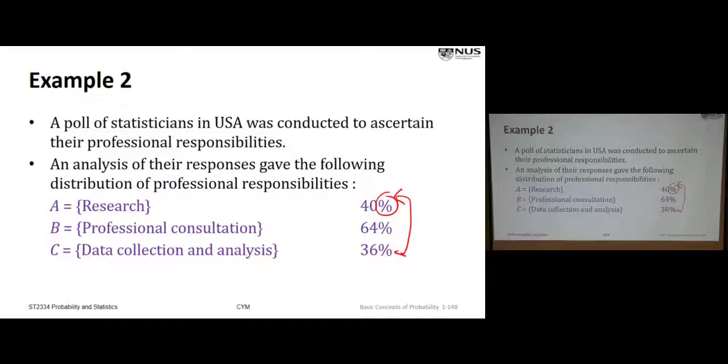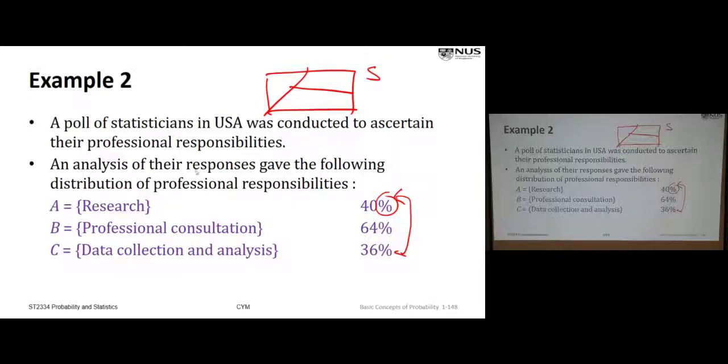Basically, what I'm trying to say is that you make sure that you understand it properly. This is the group of statisticians. It divides into three parts. If it's like that, they're mutually exclusive.